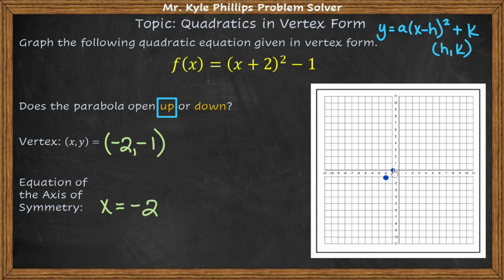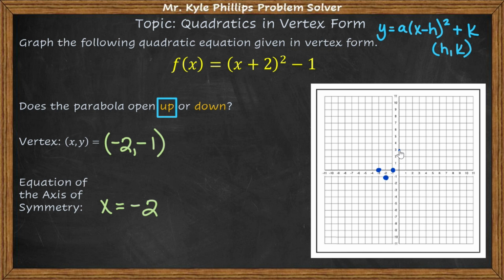So at negative 1, we have 0, and whatever happens to the right, we know happens to the left because all parabolas are symmetrical. So I don't have to plug in negative 3 because it's 1 to the left. It's going to have the same y value as 1 to the right. If I go 2 to the right and look at 0, 0 plus 2 is 2, 2 squared is 4, 4 minus 1 is 3.